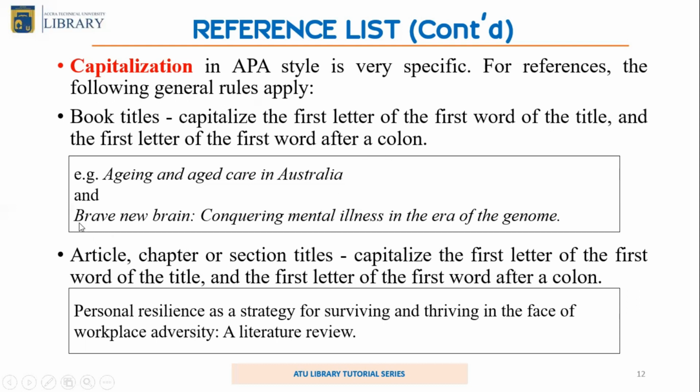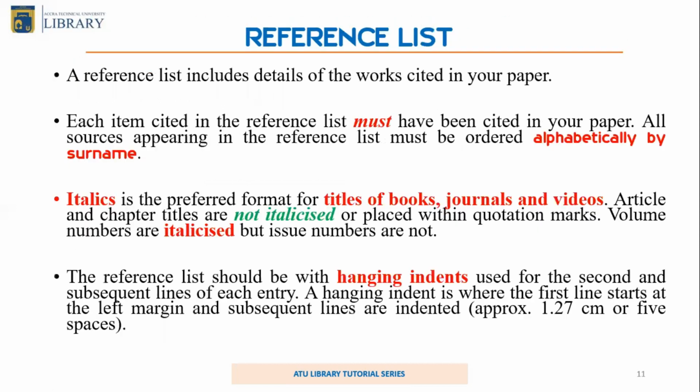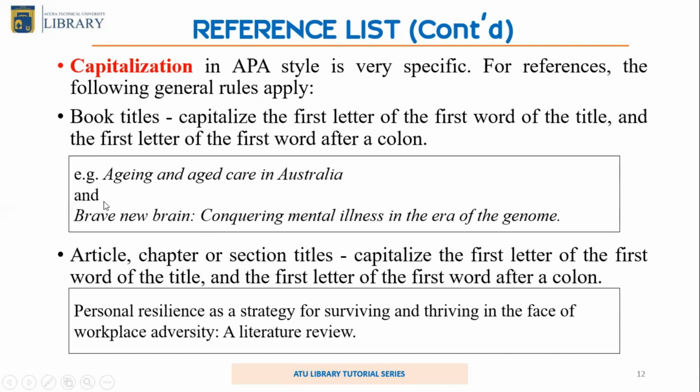So with this particular example, we have the first letter of the first word being capitalized. Now, after the colon, we also have the first letter of this word, which comes after the colon, also capitalized. And take note that we said earlier on that when it comes to titles of books, it should be what? Italicized. And that is what we have over here.